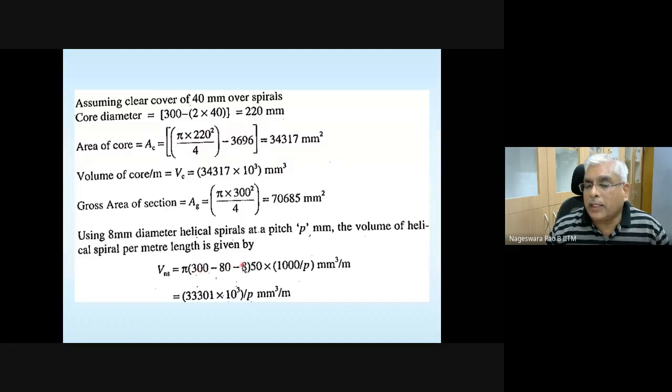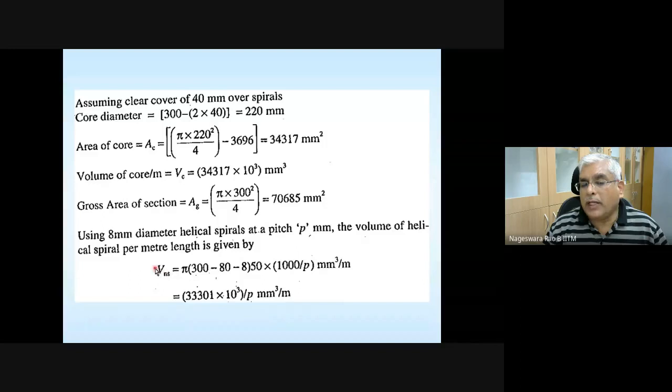helical reinforcement. And how many of those wounds are going to be there in 1 meter? 1 meter divided by pitch is going to give you the number of times it is going to turn around. That number of loops is multiplied by the volume of the helical reinforcement per one time.